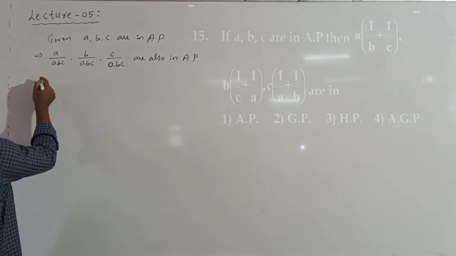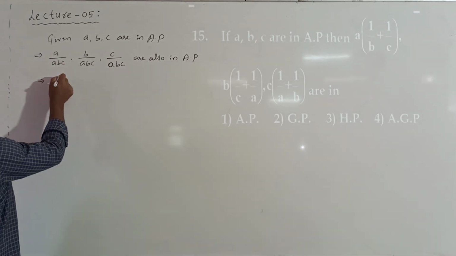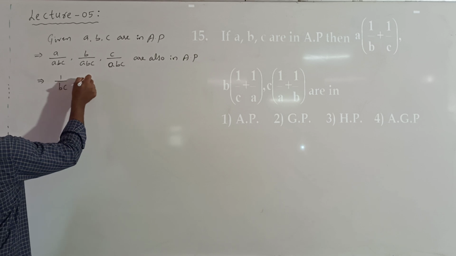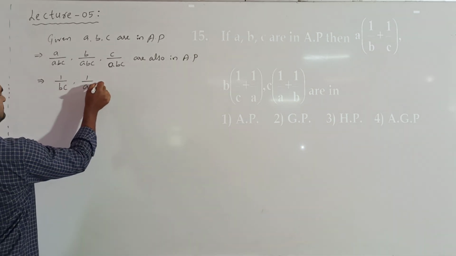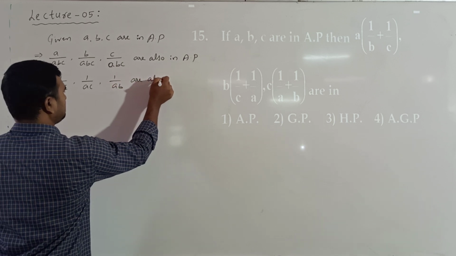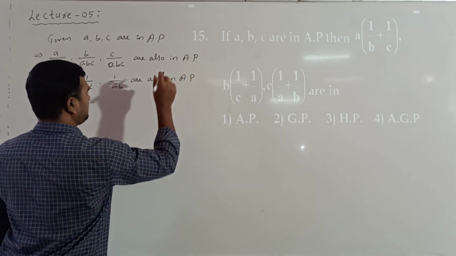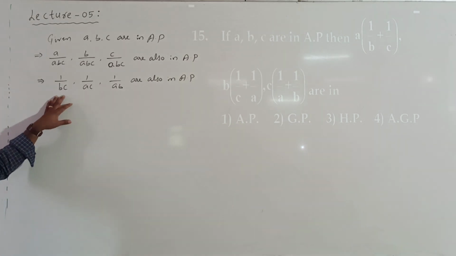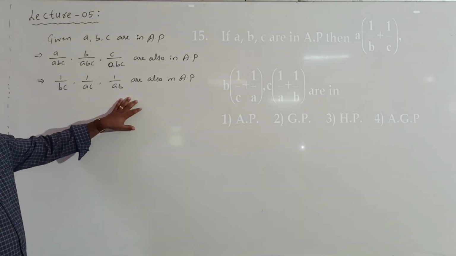Now cancelling, we get 1 by BC, 1 by AC, 1 by AB. These are also in AP.